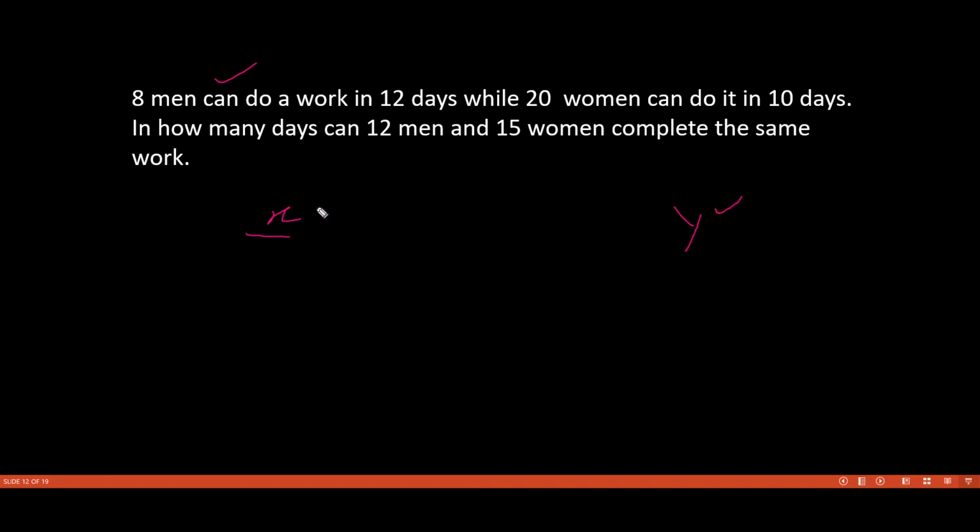So a man can do X amount of work in 1 day. All right. So 8 men in 12 days, whatever work they are doing, is equal to the work 20 women do in 10 days.